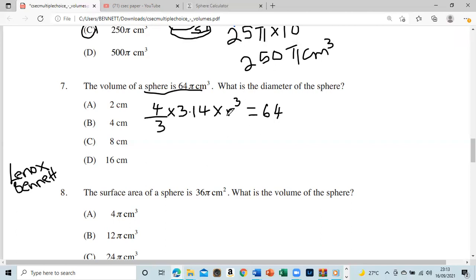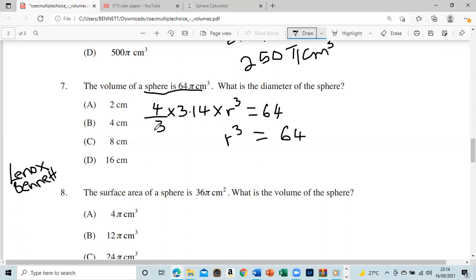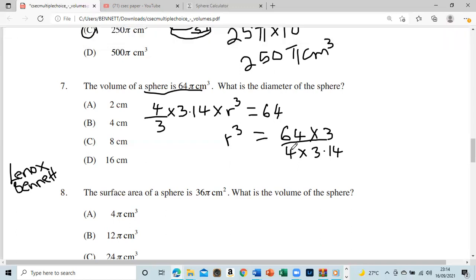Alright, so I have to transpose for r cubed. So this is equal to 64 times 3, divided by 4 times 3.14. What was times is going to become divided, right? Alright, now 4 into 64.